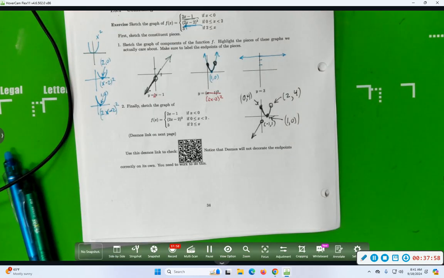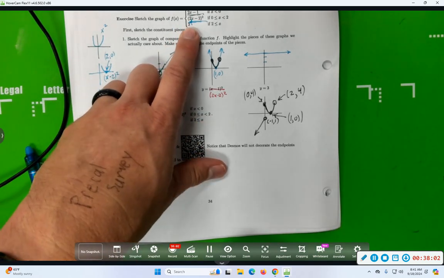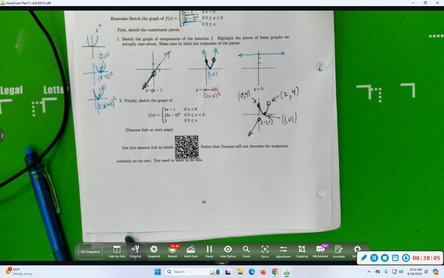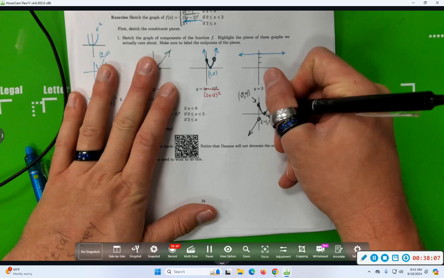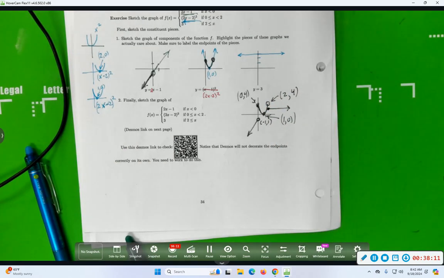All right, very nice. And then you copy down the graph of y equals 3 as soon as x is bigger than 2. So there's the graph of this piecewise function. Seem pretty okay? Nice.